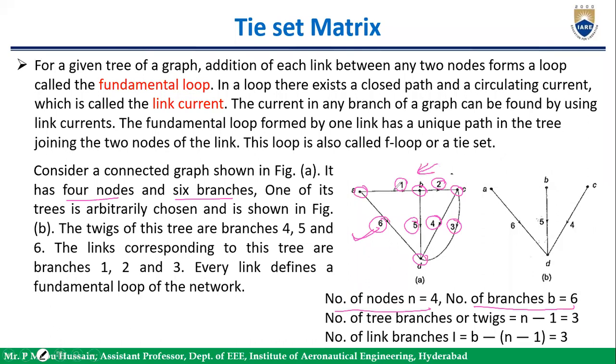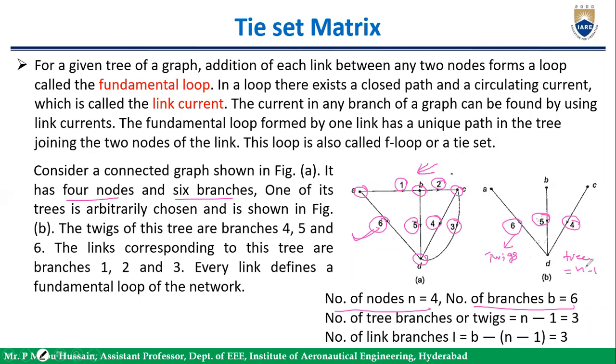From this graph you can have many trees, but you can select any tree. Now I'm selecting a tree with branches 4, 5, and 6. These branches of the tree are called the twigs. How many branches do you have in a tree? N minus 1, as we already said in the last class.